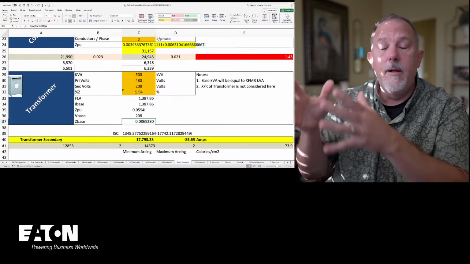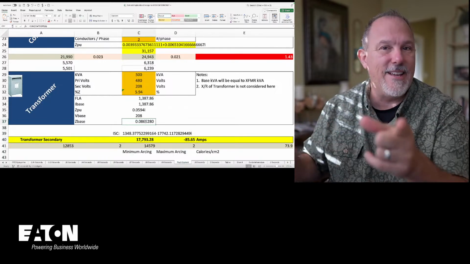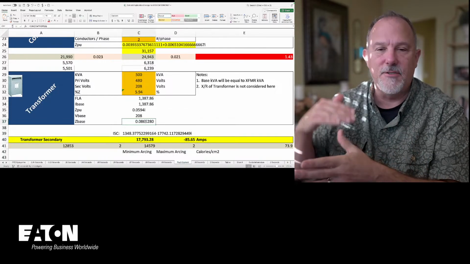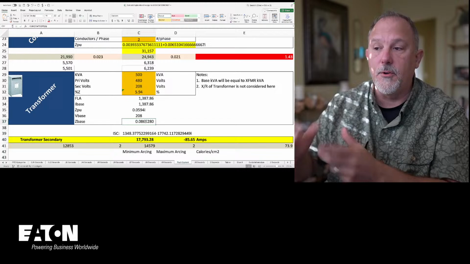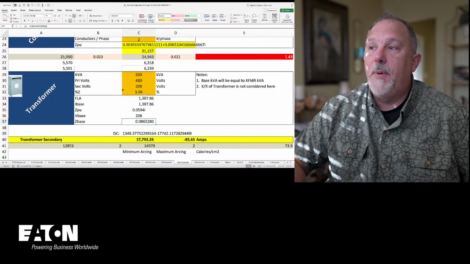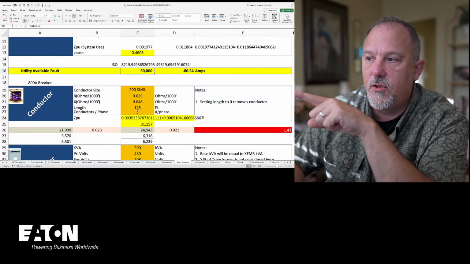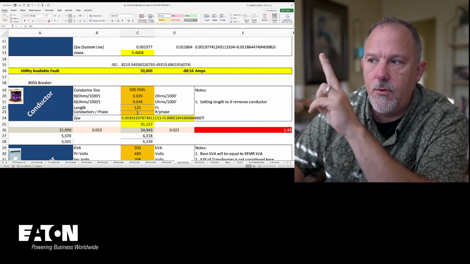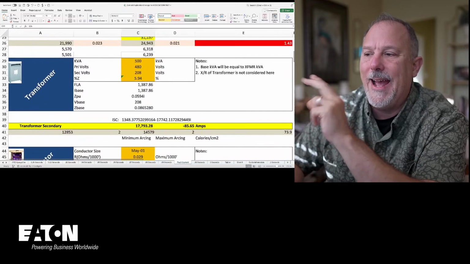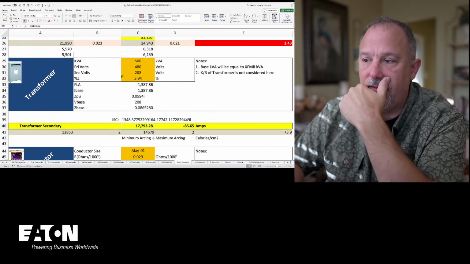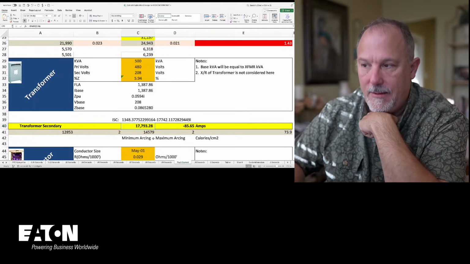Once I calculate the ohmic values of the 500 kc mil conductors downstream, I will divide that by my base Z and get a per unit value. So based upon the upstream 50,000 amps, the 125 foot of two 500 kc mil in parallel, plus a transformer at the secondary, I have 17,793.28 amps.